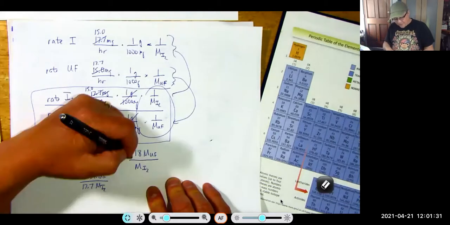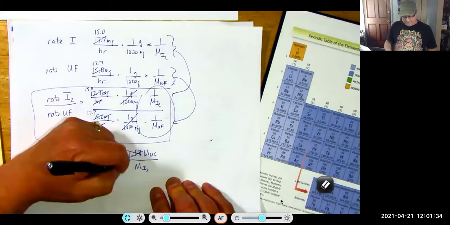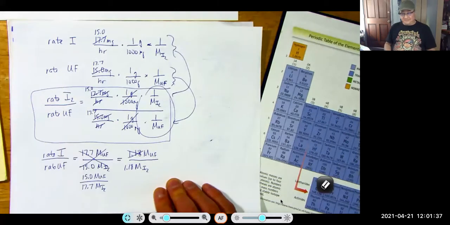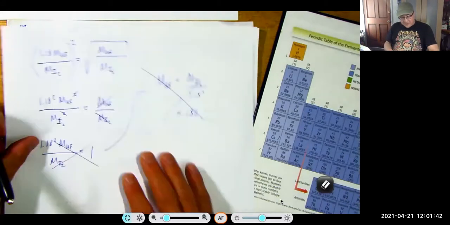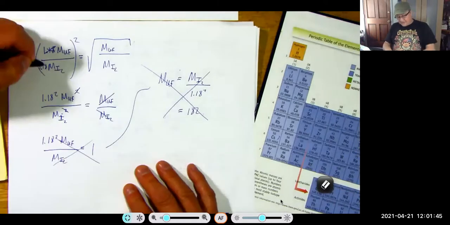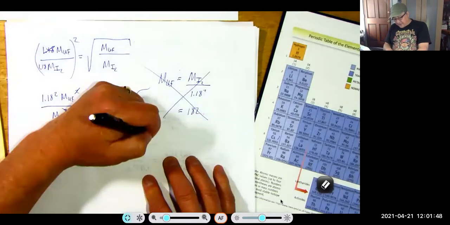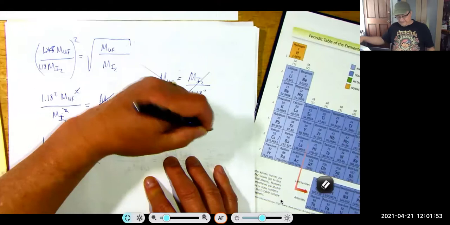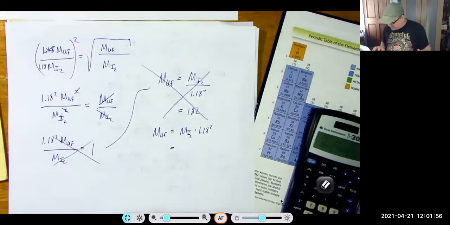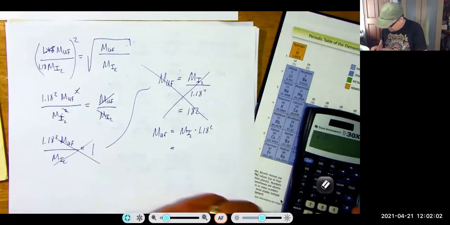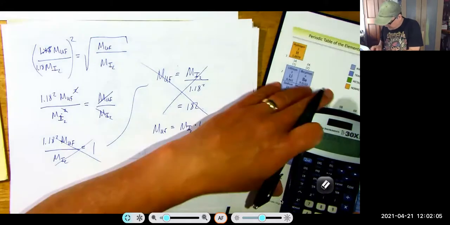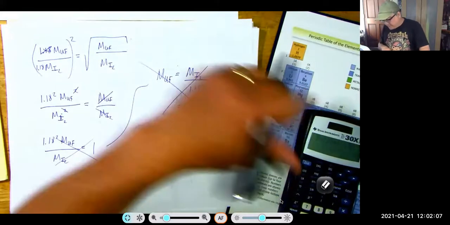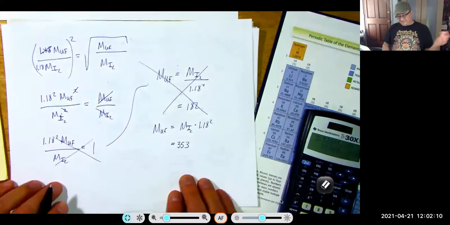So it's really 1.18 on the bottom. And that means when we go over to this side, it's supposed to be 1.18 here. So the molar mass of UF is the molar mass of I2 times 1.18 squared. Let's see what we get there. 353. So yeah, it works out.